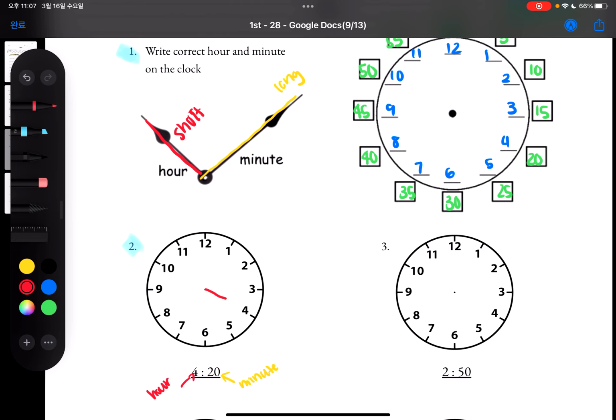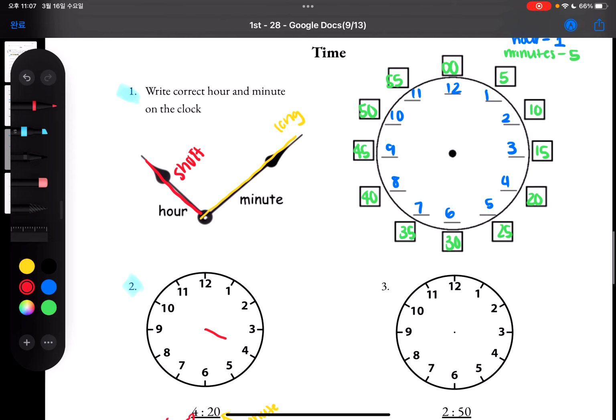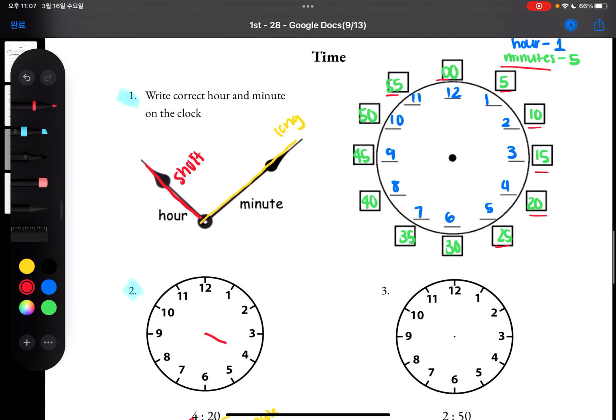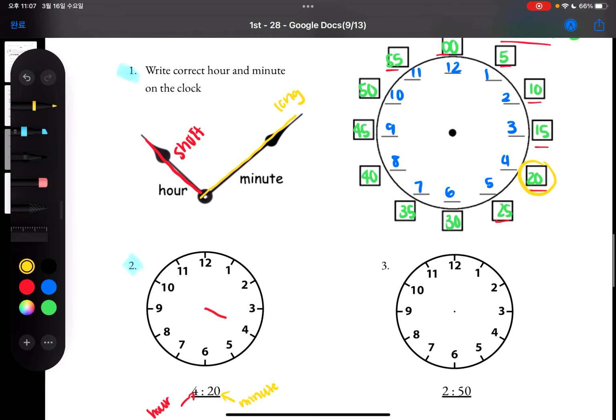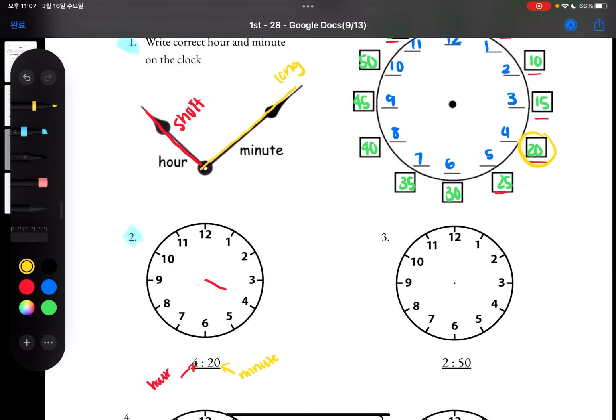And for 20, we find 20 from outside. All these numbers are for minutes. So we're going to find 20. 20 is over here. So we're going to put the long needle over there as well.